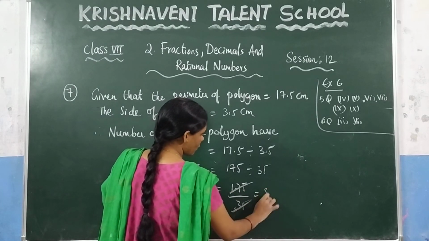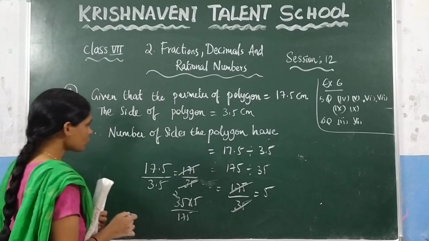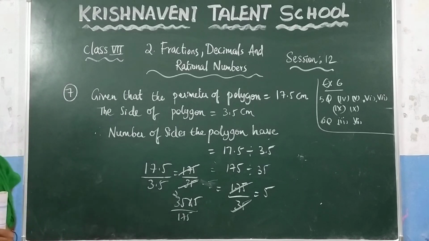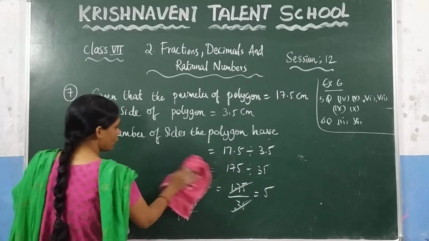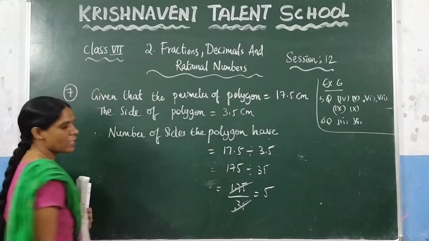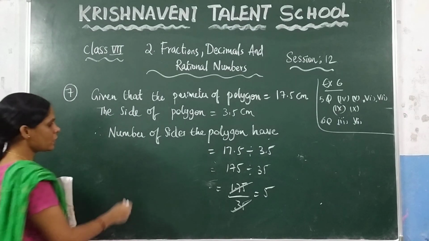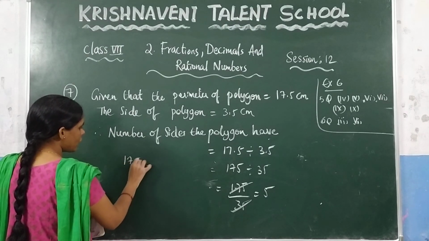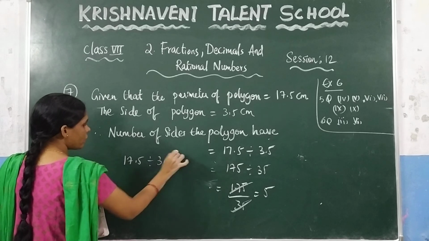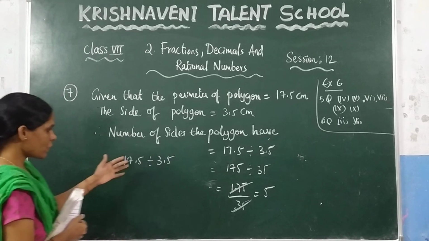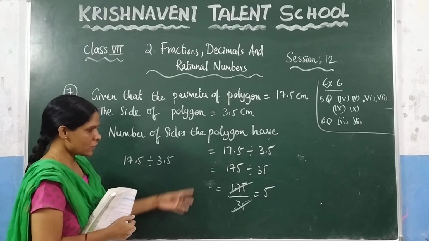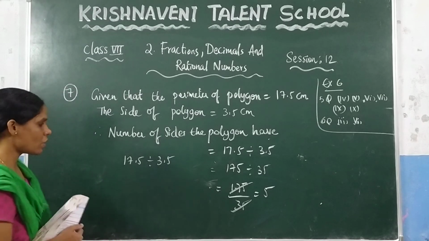Which gives you 5. So how many sides does the polygon have? Which is 5 sides. Like this you can calculate, or you can do the normal division. How to solve 17.5 divided by 3.5? You can observe that this is the small method. You can solve it here.